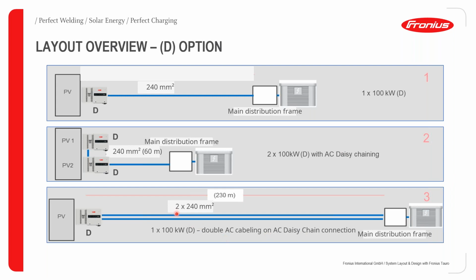Okay, so here I'm using 2 by 240 millimeters squared AC cables, and I'm splitting the current between them, okay? And hence I will have less losses over a longer distance. So again, this is why I said with the Tauro, you can really use it to do whatever you want, and whatever you want the savings to be, whether it's on the DC side or AC side.